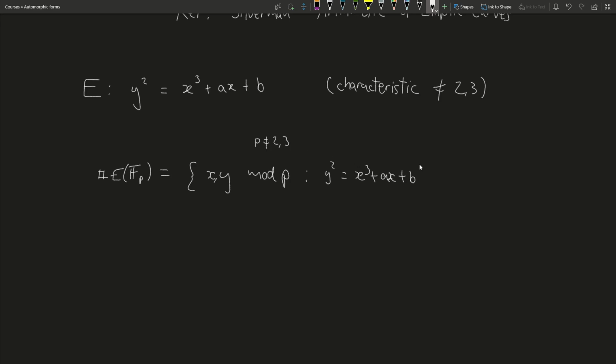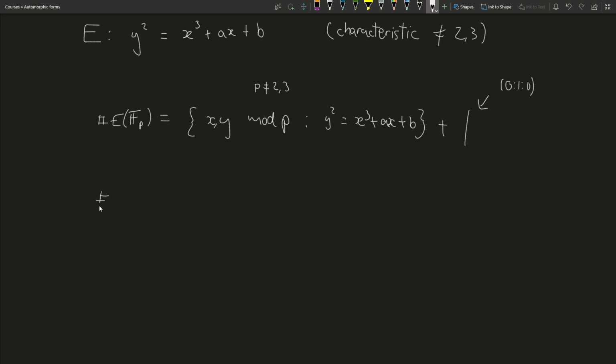And we're also going to add 1 to this quantity because this elliptic curve is a projective variety, and as a projective variety, it has the point (0, 1, 0) on it, which is not captured by just counting the solutions mod p.